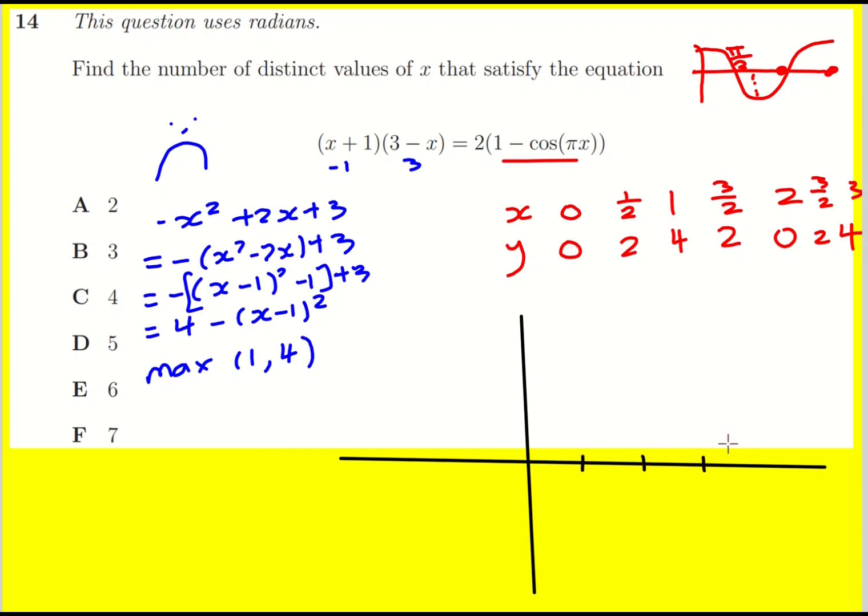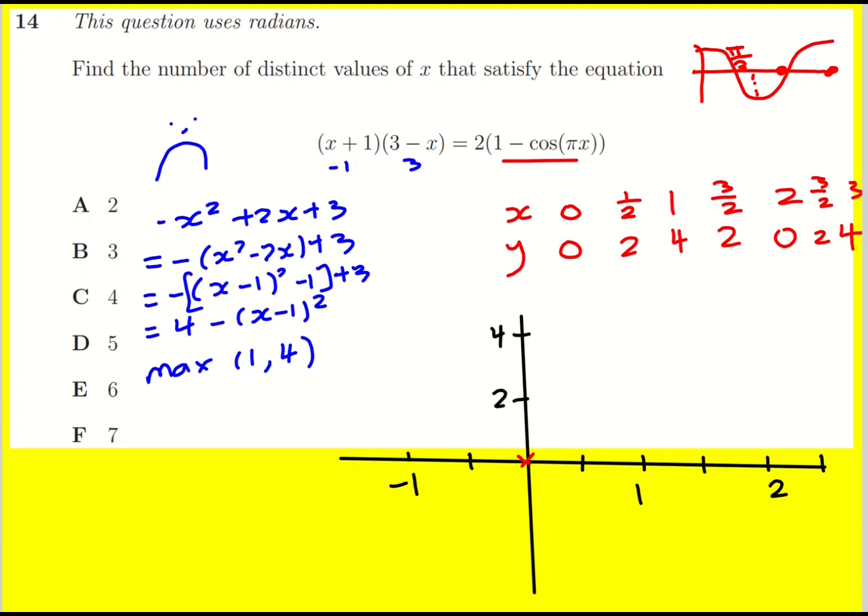Half, 1, 1.5, 2. -1. And then this here can be 4, 2. And the graph on the right is never becoming negative, actually.